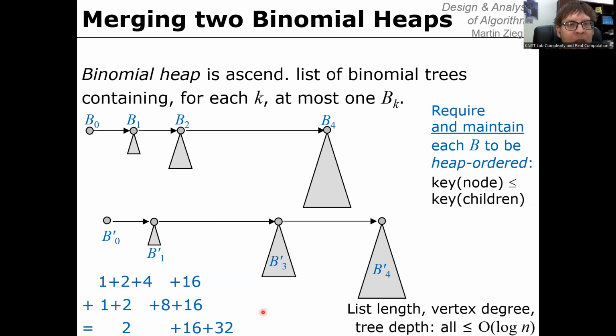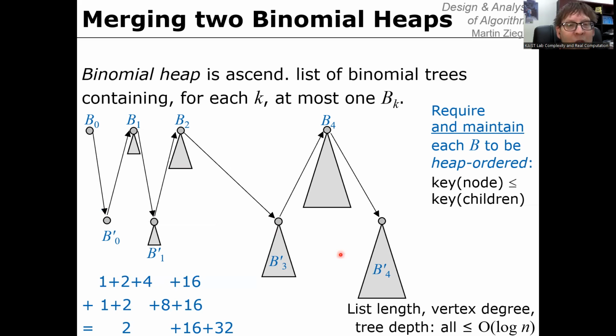Okay. And the same happens in more general form when we merge these two binomial heaps. First, we combine these two lists into one list. This list is in strictly increasing order, and this list is in strictly increasing order. When we merge them, it becomes non-decreasing order, right?